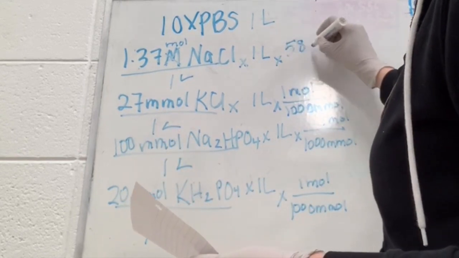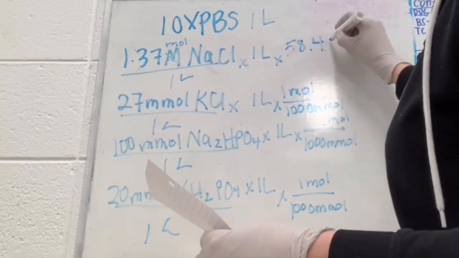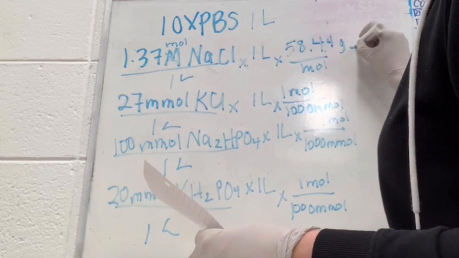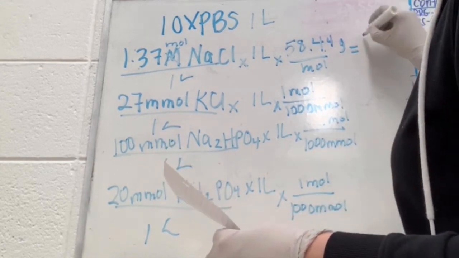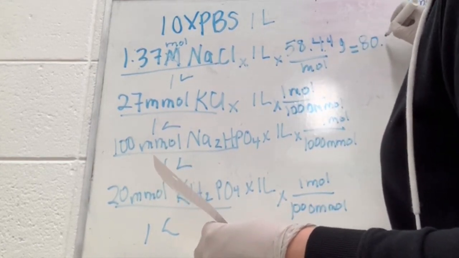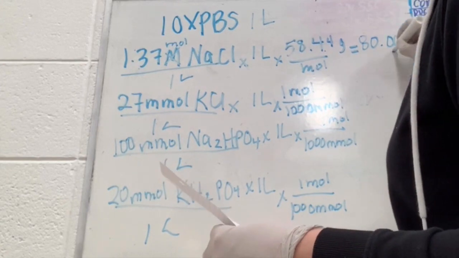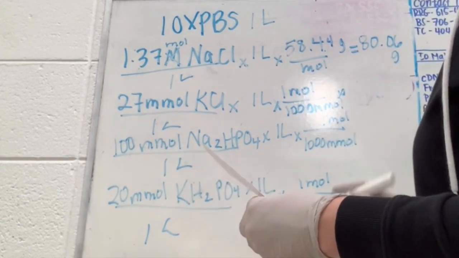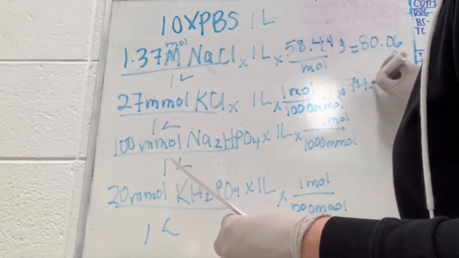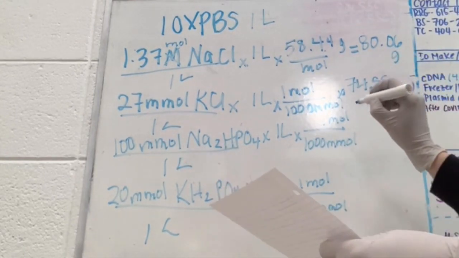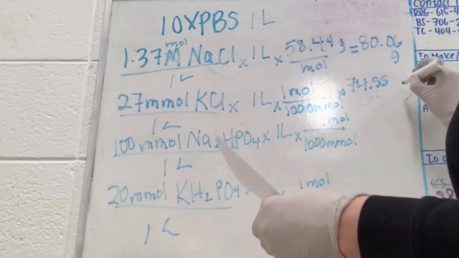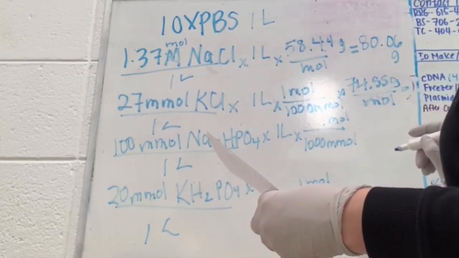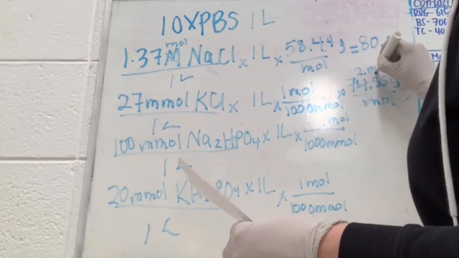So for example, this is 58.44 grams per mole. So when you solve this, you get 80.06 grams. Here, 74.55 grams per mole, which would equal 2.01 grams.